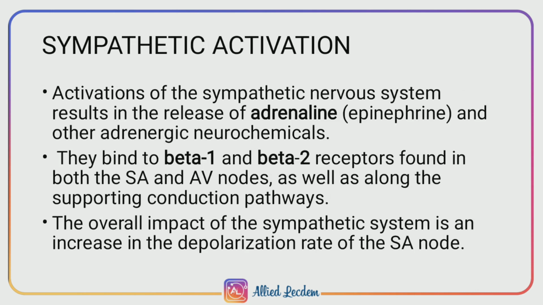Sympathetic activation. The activation of the sympathetic nervous system results in the release of adrenaline and other adrenergic neurochemicals. They bind to beta-1 and beta-2 receptors found in both the SA node and AV node, as well as the supporting conduction pathways. The overall impact of the sympathetic system is to increase the depolarization rate of the SA node.